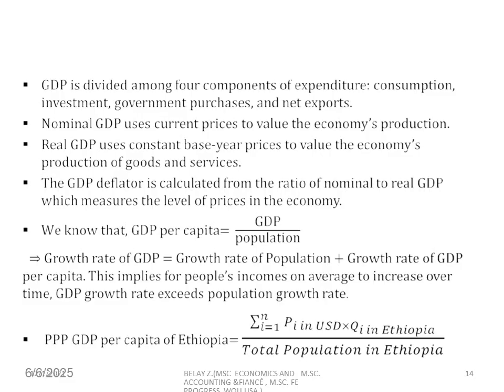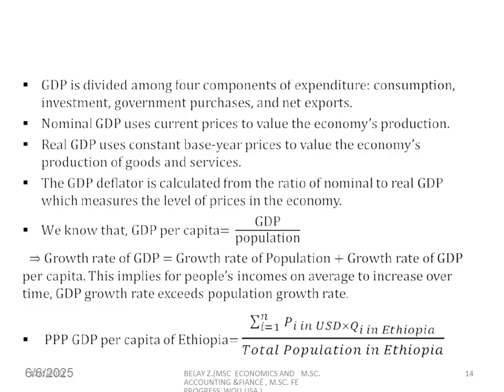That is, GDP per capita means total income for the total population. The growth rate of GDP per capita is the growth rate of GDP minus the growth rate of the population. This implies that people's income on average increases over time when the GDP growth rate exceeds the population growth rate.